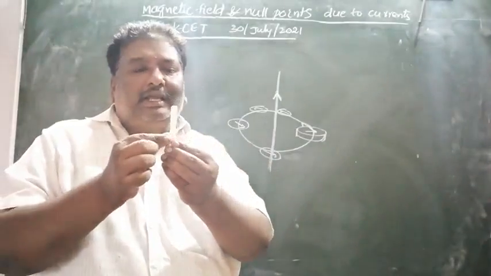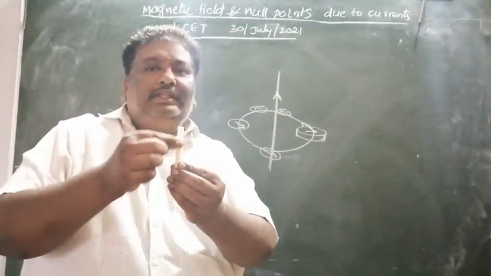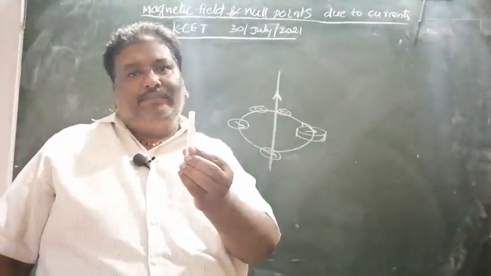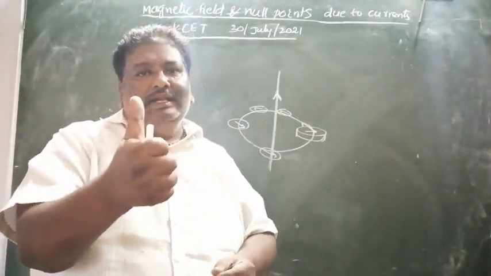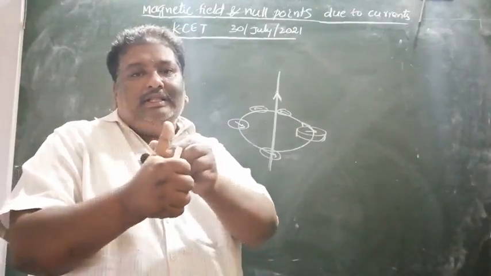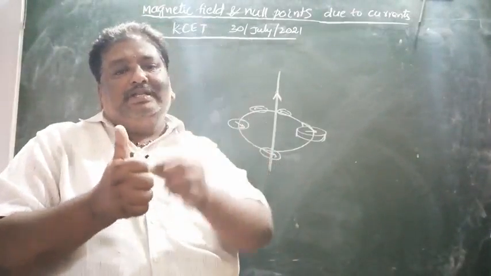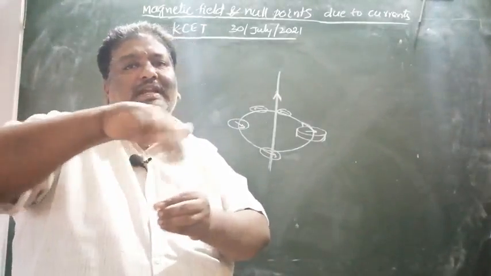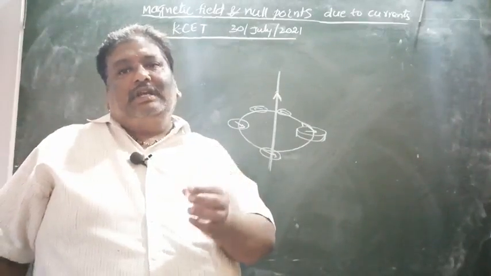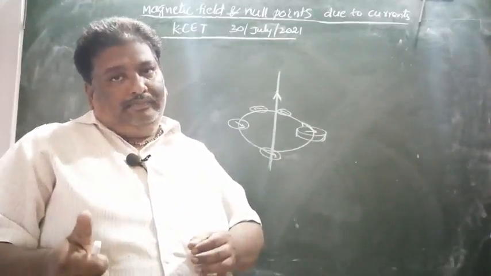Here this is the current carrying conductor. In this direction current is passing. You hold the current carrying conductor in your right hand. In the thumb direction, suppose current is passing, in the fingers direction the magnetic field is generated. This is called the right hand grip rule.